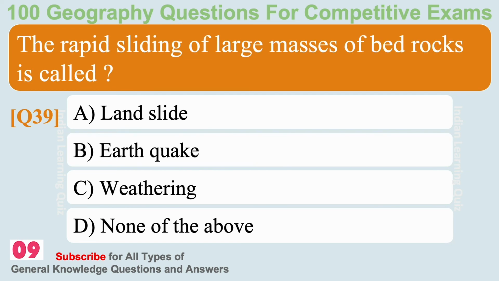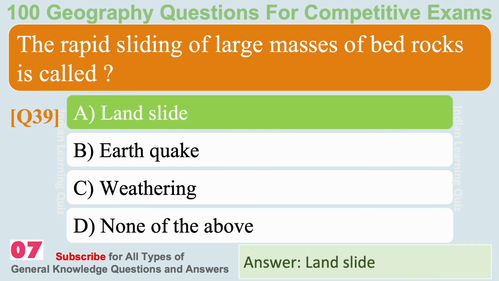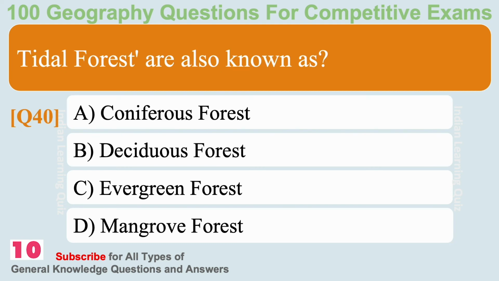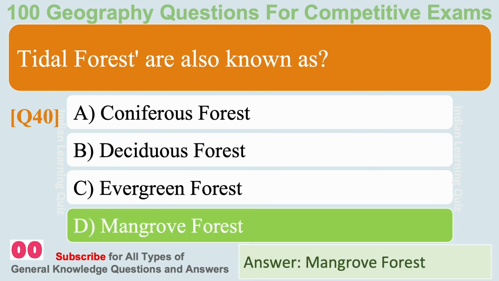The rapid sliding of large masses of bedrocks is called... Answer. Landslide. Tidal forests are also known as... Answer. Mangrove forest.